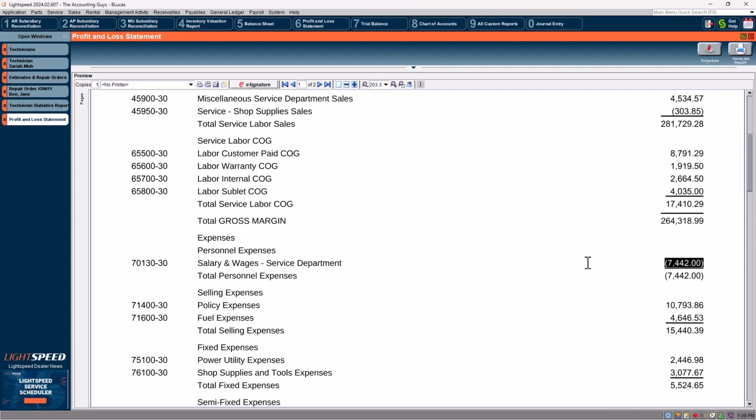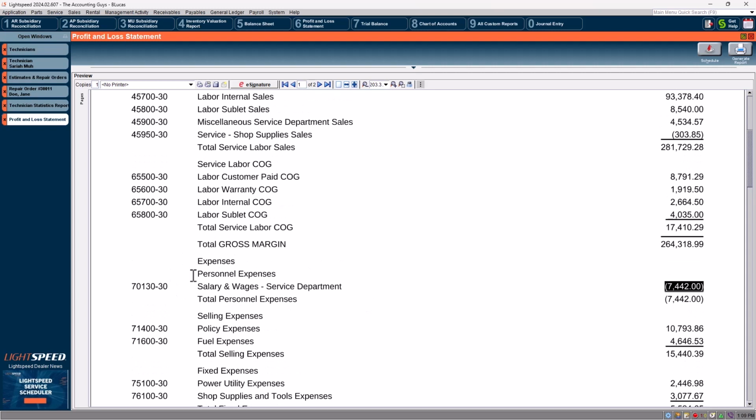But typically, this number, the goal, if you're tracking WIP labor and you're doing it as an asset, the goal is that the expense account or unapplied labor, whether that's down here in an expense or unapplied labor as a cost of goods sold account, it's as close to zero as possible. There's a couple of different strategies.